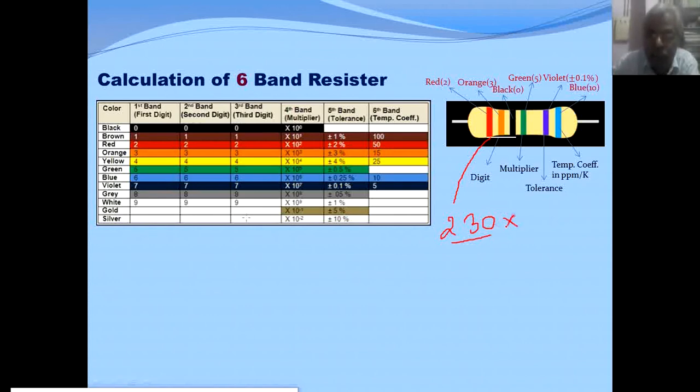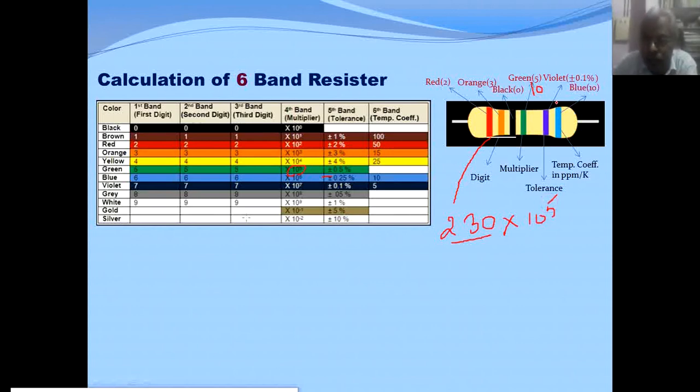Then the fourth one is used as a multiplier. The multiplier value of this green is 10 to the power 5. So this value is 10 to the power 5, written here.